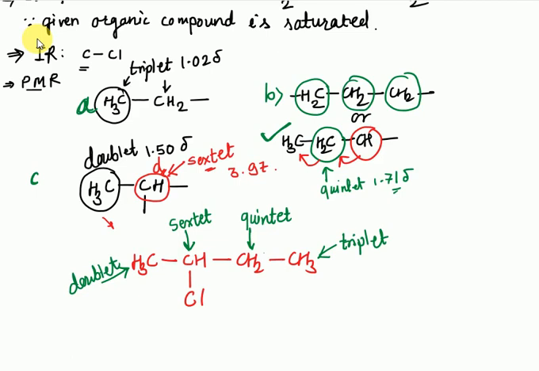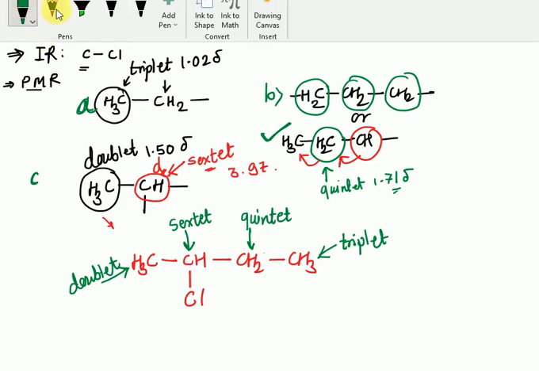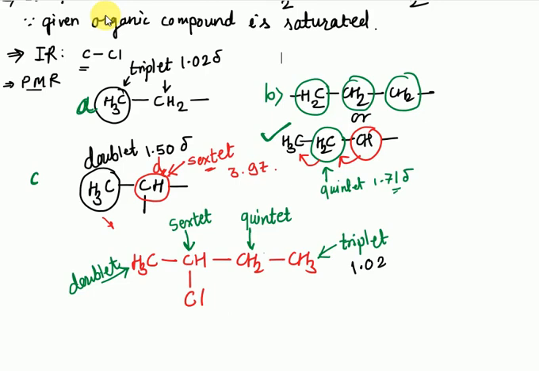doublet at 1.50 delta value. If we match the delta values, this triplet is at 1.02 delta value, and this CH3 is quite deshielded at 1.50 delta value.